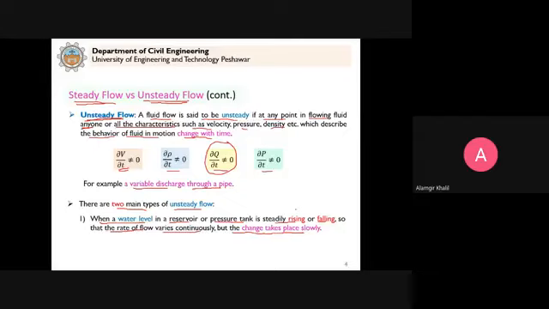So what is this problem? For example, what you studied in fluid mechanics, the orifices. Let's say we have a tank, and let's say we have this orifice, and from here the water flows out.